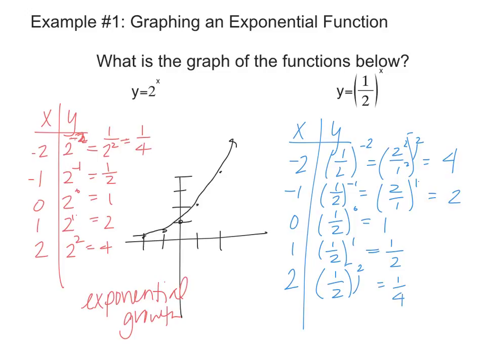And it looks like I've run out of space, so I'm going to try and fit this in as best I can. Alright, so -2 is 4. -1 is 2. 0 is 1. 1 is 1/2. And 2 is 1/4.